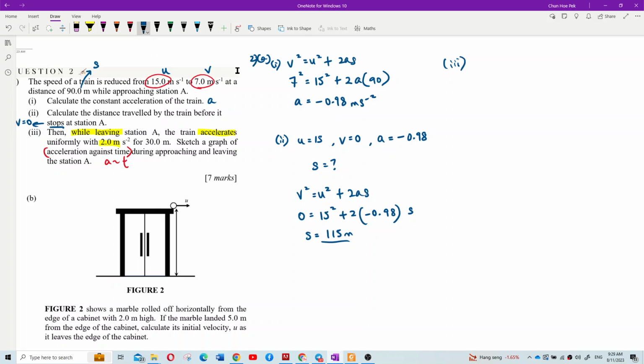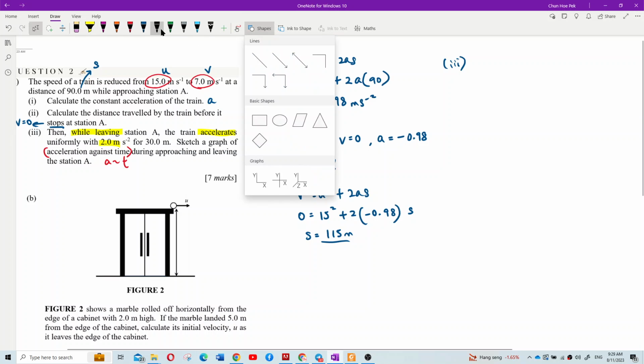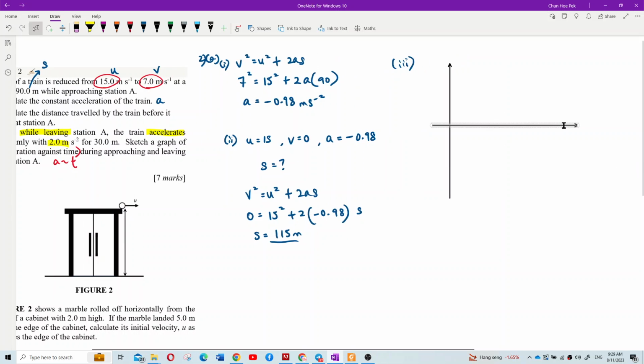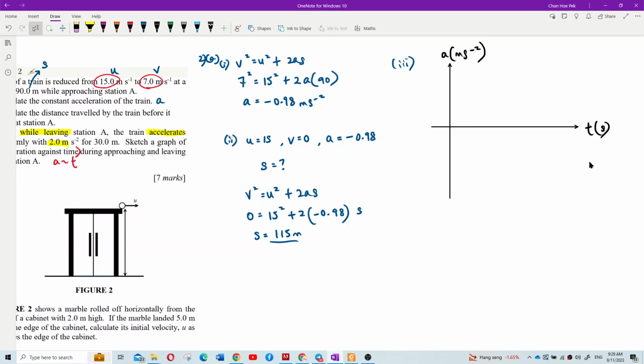Okay, so let's... okay, so you have acceleration in meter per second square and time. He asked for this graph.